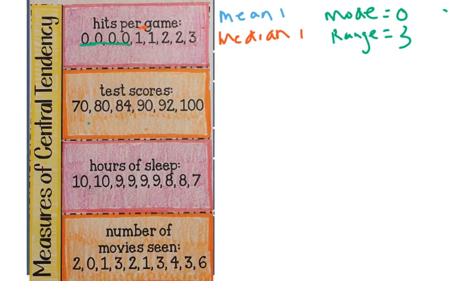Mean means you're going to add all these up, divide by the number of values you have. 70 plus 80 plus 84 plus 90 plus 92 plus 100. 1, 2, 3, 4, 5, 6. That's 516. I'm going to divide that by 6. So my mean test score, the average test score, is equal to 86. Okay?